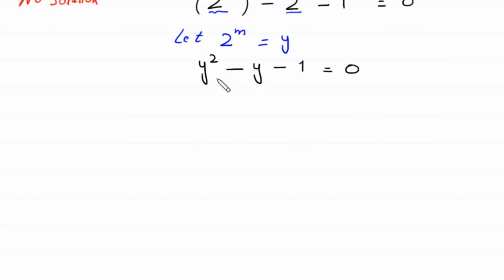Now this is a quadratic equation and is not factorable, so we solve it by quadratic formula.